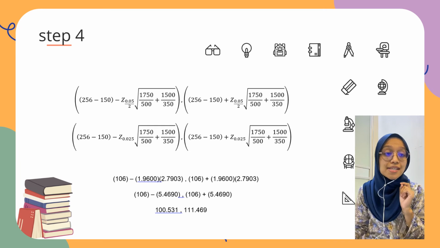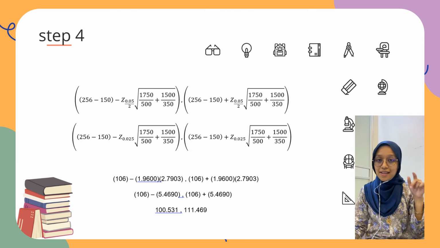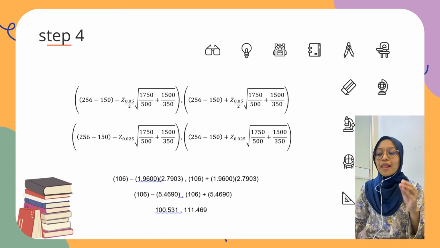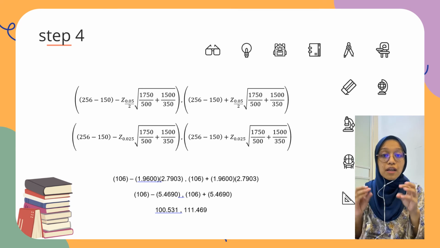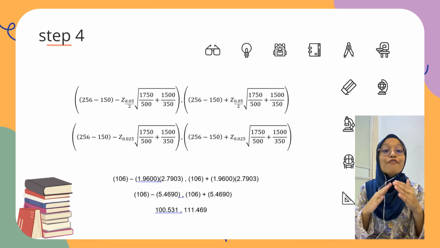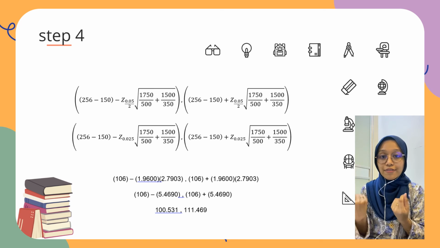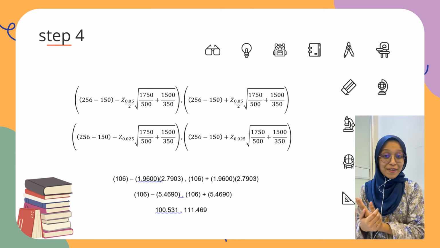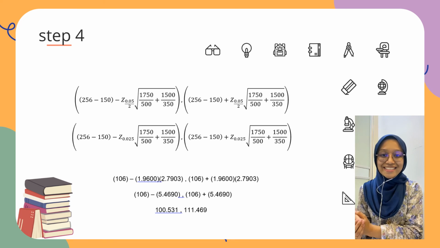The second answer is 111.469. This is because I put the real variance, the real number of means, and I followed the formula that I have given. So that's all from me. We move to the next presenter. Thank you.